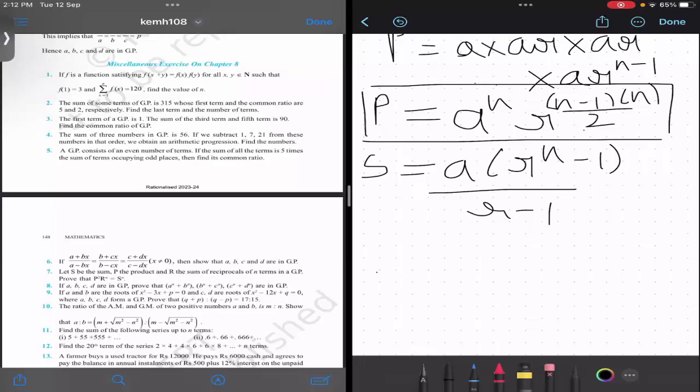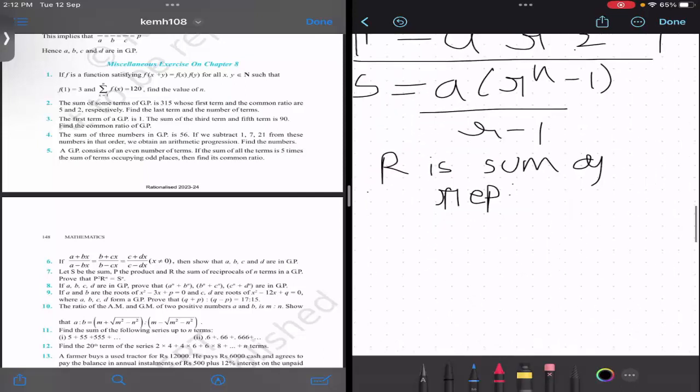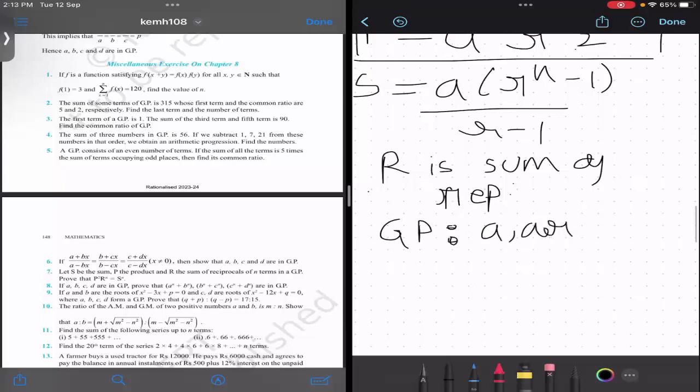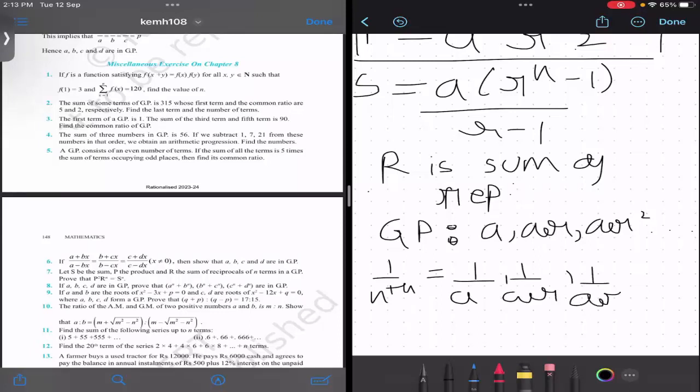Now we have been told that R is the sum of the reciprocals of terms in the GP, right? So we have assumed the GP to be a, ar, ar square, and so on and so forth. Therefore, 1 upon the terms would be 1 upon a, the next term 1 upon ar, the next term 1 upon ar square, and so on.